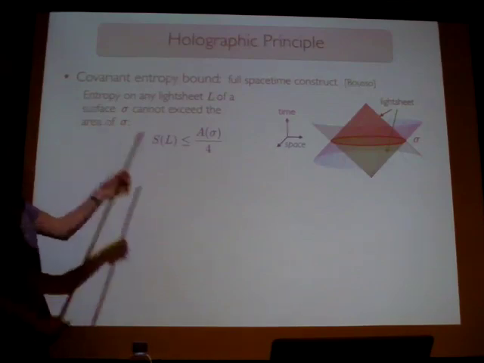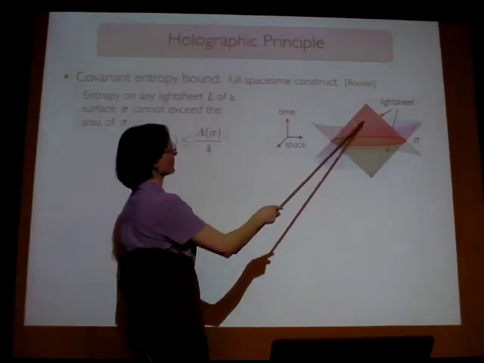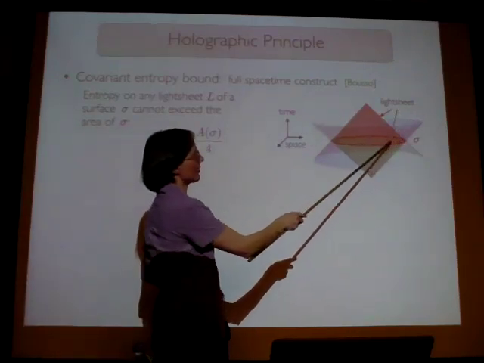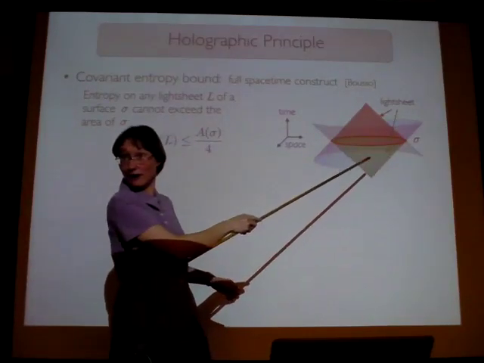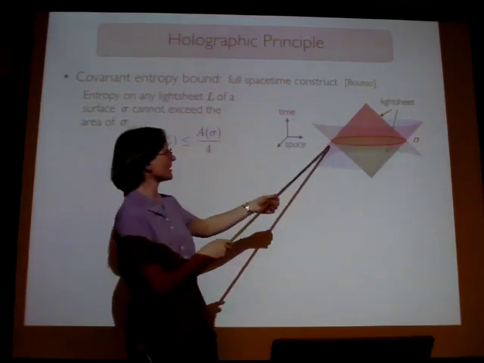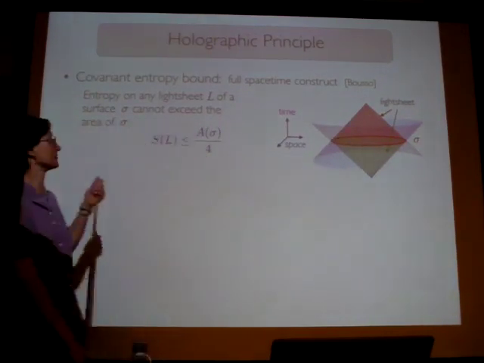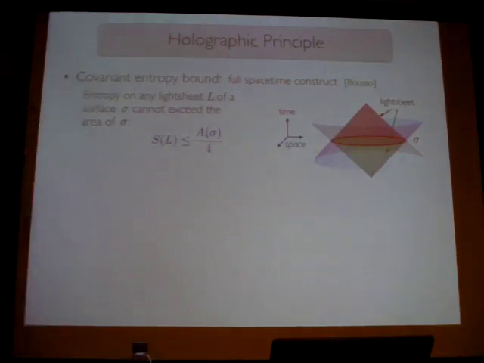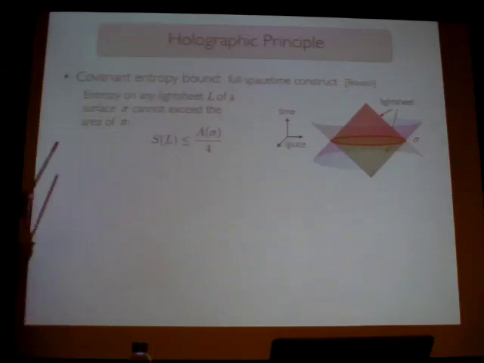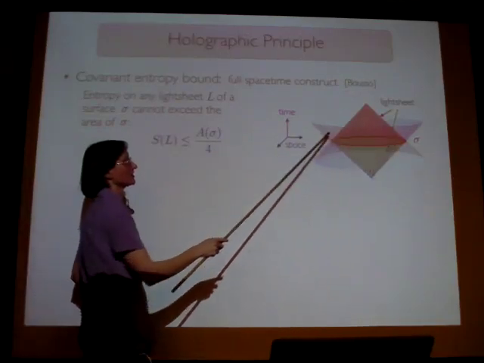It uses something that Bousso called a light sheet, which is just a null surface that's generated by perpendicular light rays emanating from some given surface, such that those light rays have to keep converging. And then the entropy bound says that the entropy crossing such a light sheet cannot exceed the area of the surface.